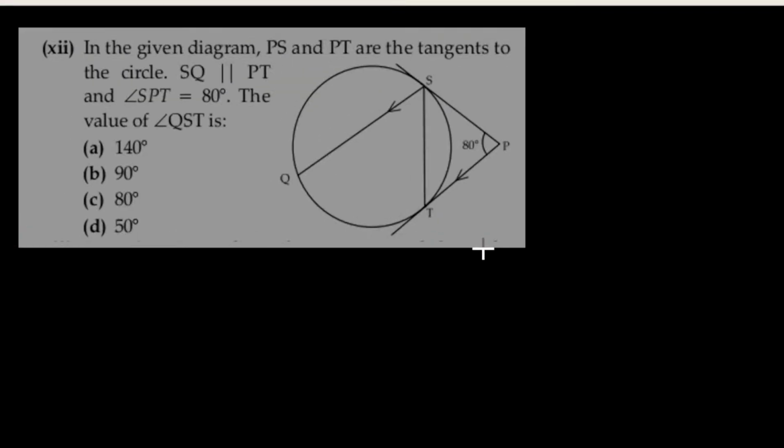So that means here some construction we have to join. QST is here. So this angle we have to find, QST. Yes, so how to find this angle? I've just highlighted the angle which we have to find.